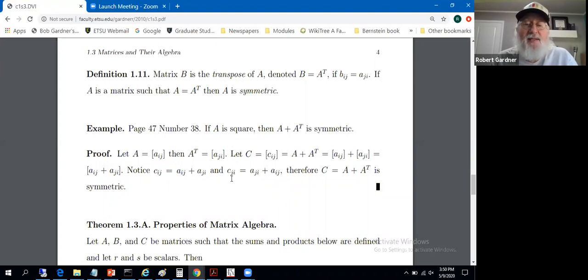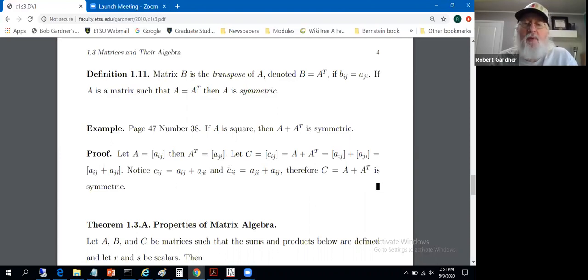So we get C sub ji equals A sub ji plus A sub ij, which is the same thing we had over here, just written in reverse order. But we're just adding real numbers together, that's commutative. So, hey, C sub ij and C sub ji are the same. That is, C equals its own transpose. That is, matrix C is symmetric.